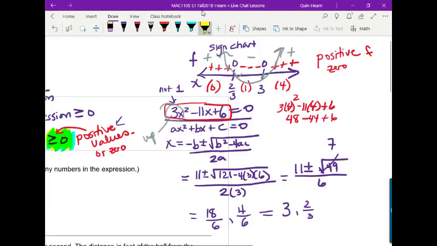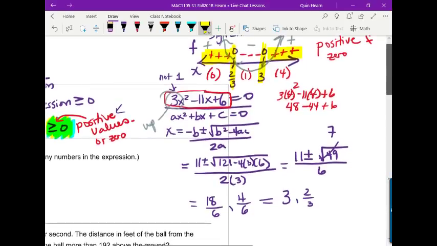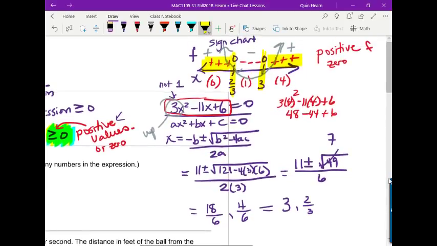So let's highlight where we see that on here. So positives occur here, 0 occurs here. Positives occur here, 0 occurs here. So the highlighted segments of the number line are where we have the values we need to give us greater than or equal to 0.